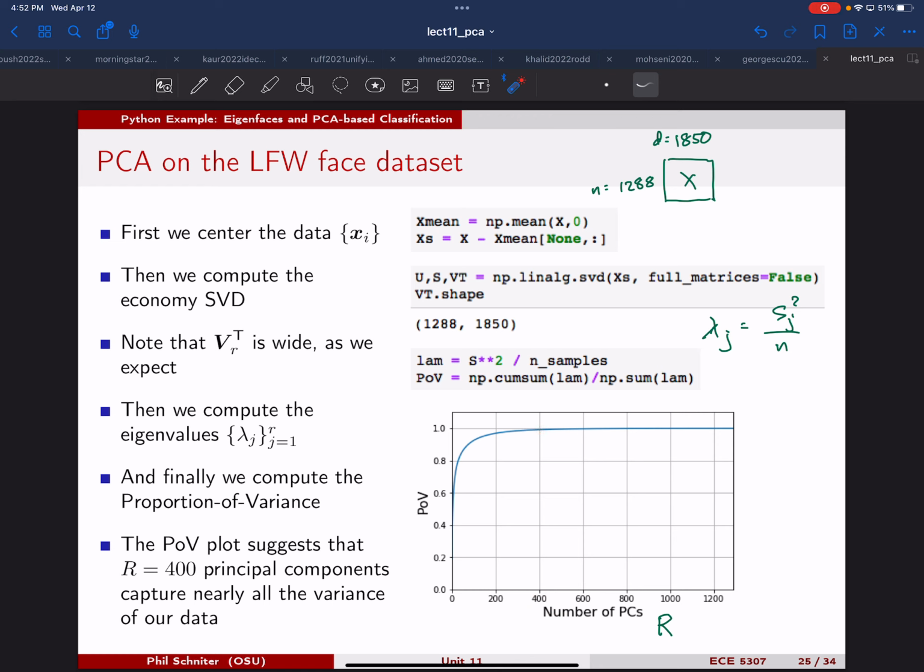Which tells us that if you're working with these features, you should probably be able to compress them almost perfectly using 400 features rather than 1850. So there's a lot of redundancy in these faces.